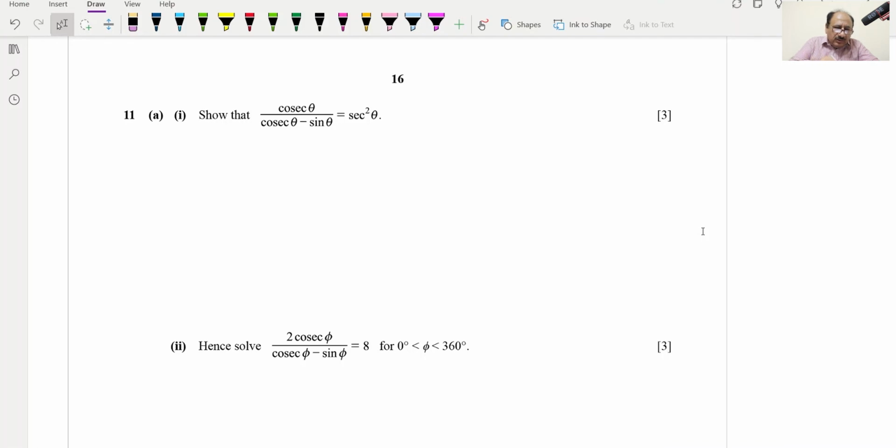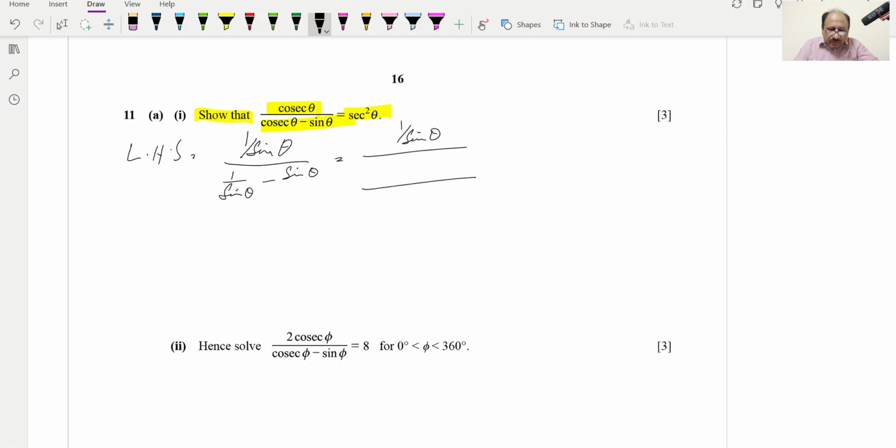Question number 11 is trigonometric functions: show that this is equal to this. We can take the left hand side. So the left hand side is equal to cosecant theta, which we can write as 1 over sine theta, divided by 1 over sine theta minus sine theta. So we can take the LCM, and the numerator we have written as it is, and the LCM of the denominator will be sine theta, and this will be 1 minus sine square theta.